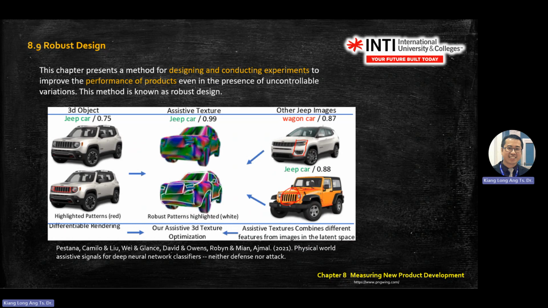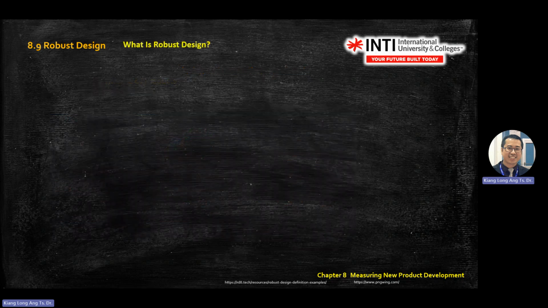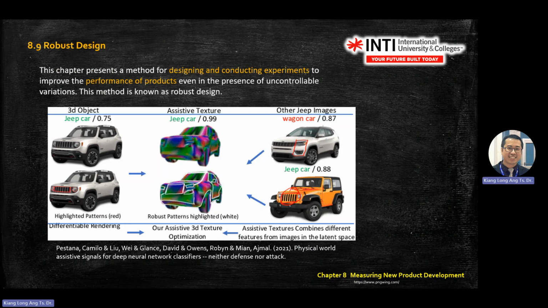Okay, number 5, Taguchi's design. Again, Taguchi's design is about loss. So you can see the method of designing or conducting experiments to improve the performance of the products. So from this design until Taguchi's design, it changed to the maximum optimization process.